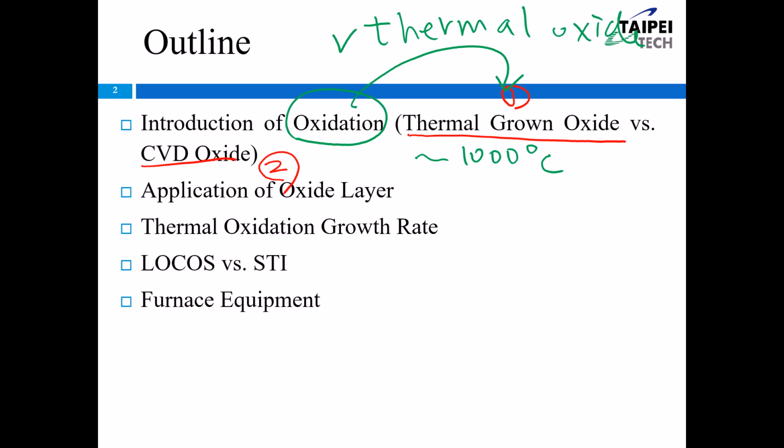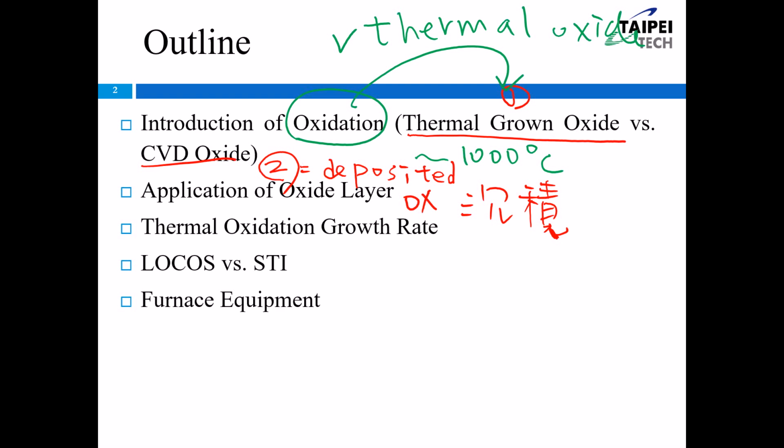And then for the CVD oxide, the CVD oxide is the deposited oxide. CVD oxide is the deposit oxide, 沉积的氧化物.